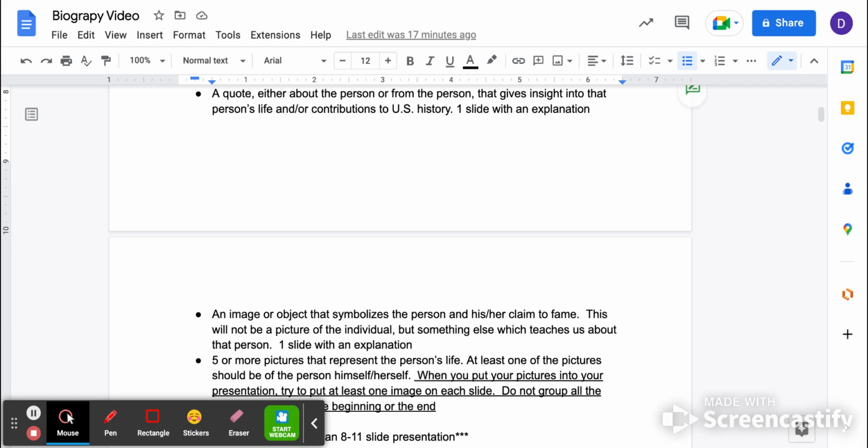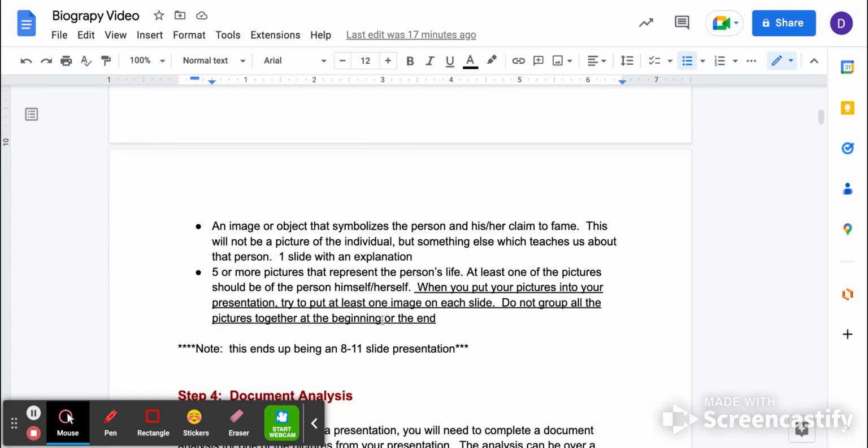For instance, let's say you chose Abraham Lincoln, which wasn't an option. The object I would probably show would probably be the Emancipation Proclamation. I think that's the thing that he's most well known for. So I would have that up there, and then I would have an explanation of what it is and why it's impactful. In addition, you need 5 or more pictures throughout the presentation that represents the person's life.